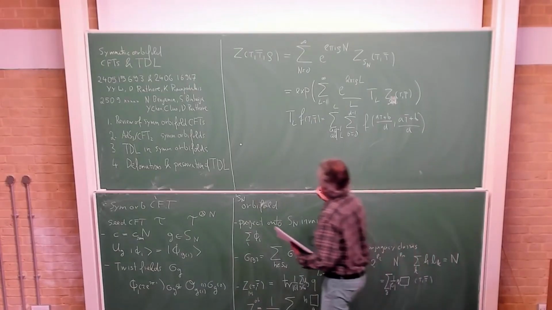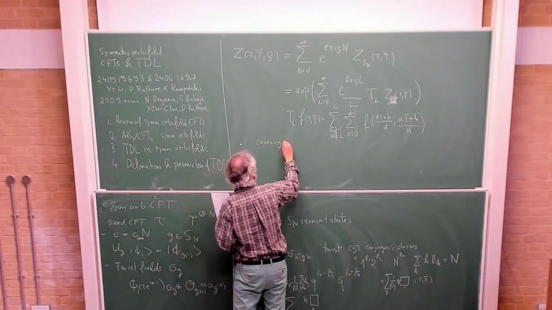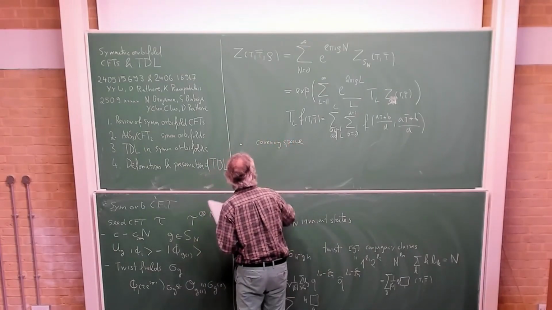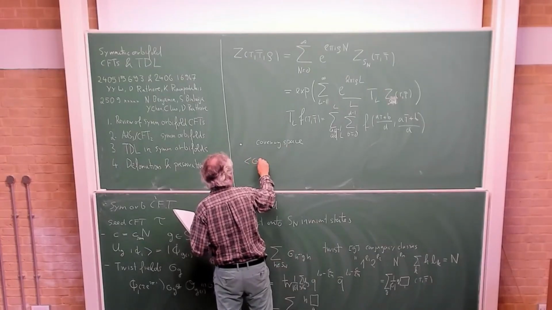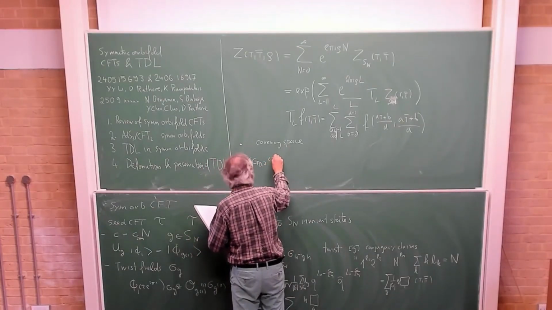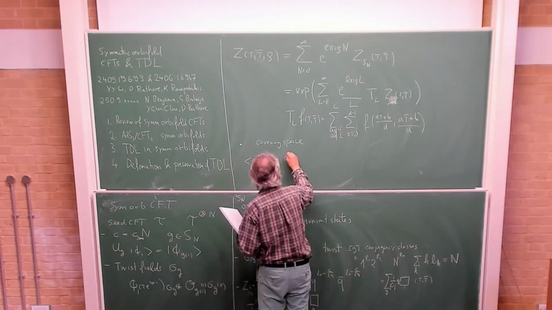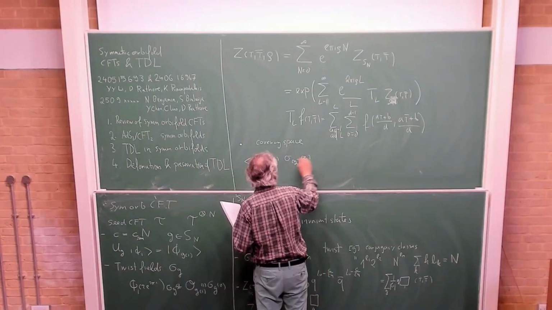So with this idea of a covering space, what you can look at is a partition function of twisted sector fields.